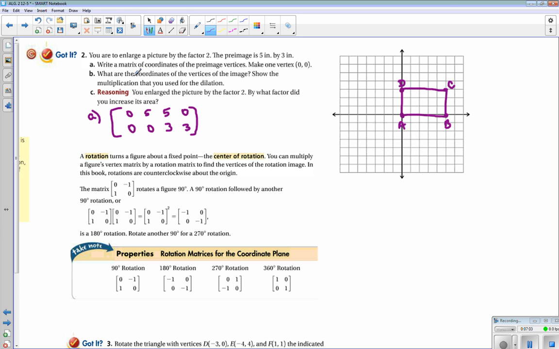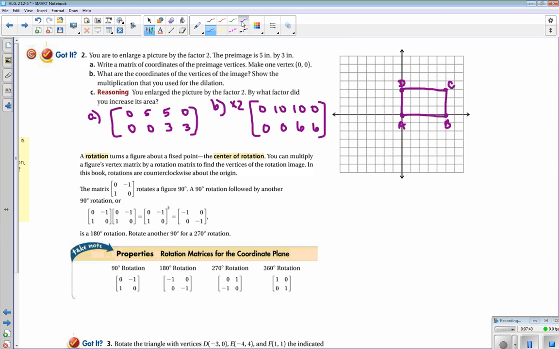What are the coordinates of the vertices of the image? Show the multiplication that you use for the dilation. So let's do B over here. You are to enlarge the picture by a factor of 2. So I'm going to take all these and multiply them by 2. And when I do, I get this.